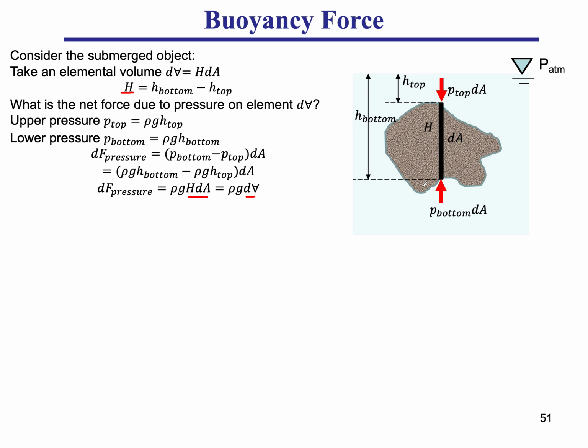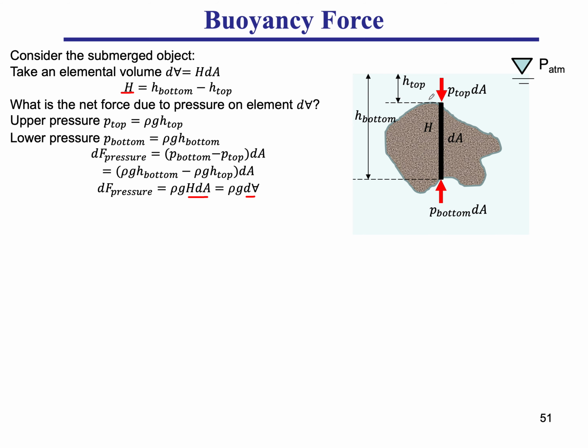So the net pressure force on this elemental volume is just rho g times this elemental volume. Now what if I break this object into an infinite number of elements of variable height h and cross-sectional area dA? The sum of all those volumes will give me my volume.